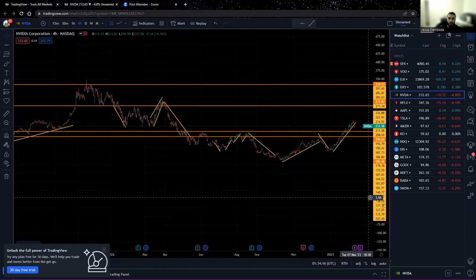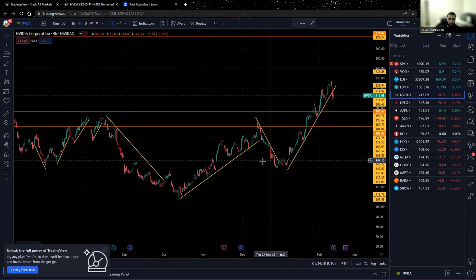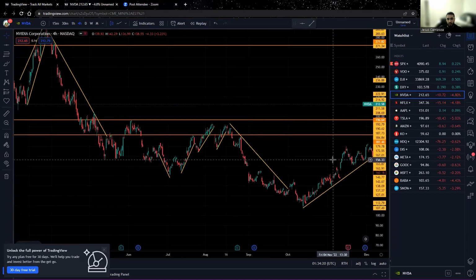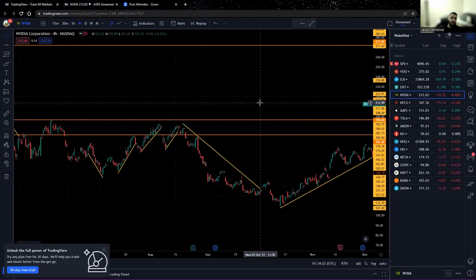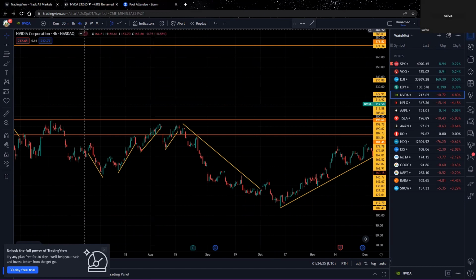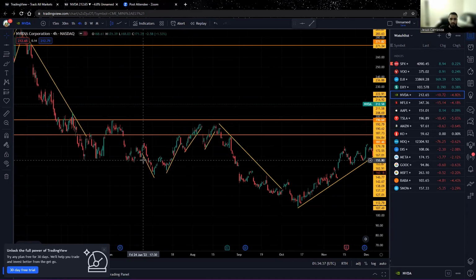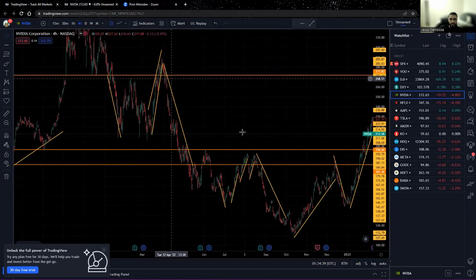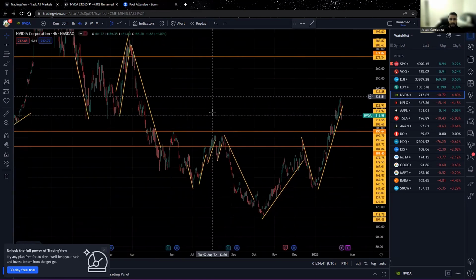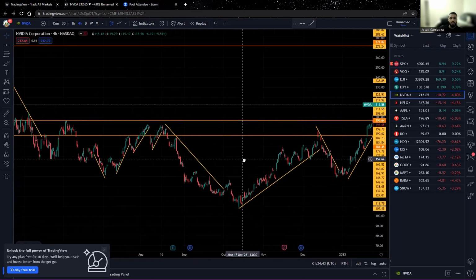For these little trends, it's important to know what time frame you do them on, because remember what we said before, the shorter the time frame, the less valid the trend is, or it's still valid, but it could fluctuate a lot more, right? If we see right here, these big ones look solid, and these little ones look good too.